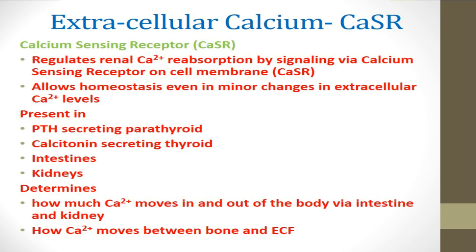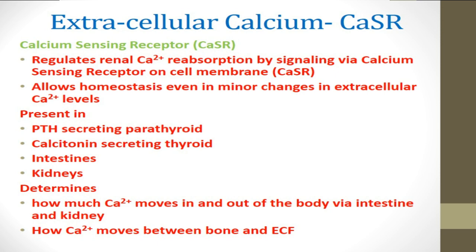In which situation is CASR present? It is present in the PTH secreting parathyroid gland, which is at the backside of the thyroid gland, and that gland secretes PTH. The PTH secreting action of the parathyroid gland is activated when this CASR is activated.